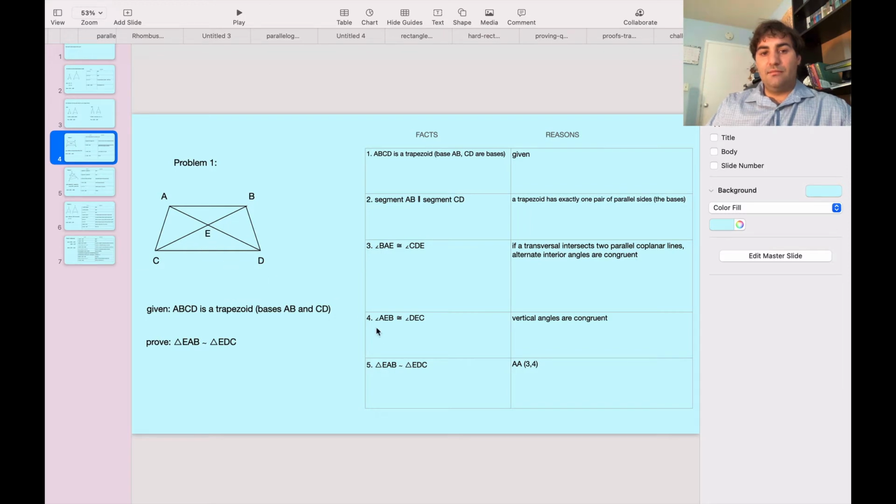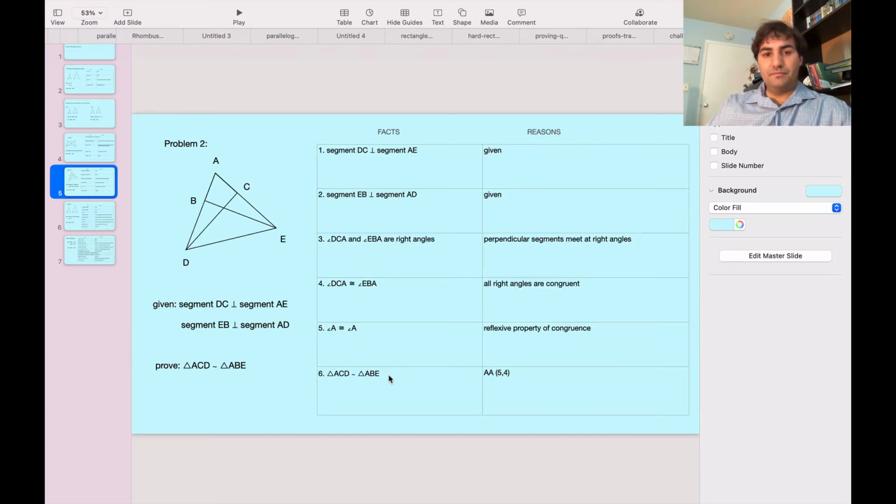Notice how how I order the letters is important, right? We proved that this angle was congruent to this angle, so A matches up with D. So let's move on to another problem.